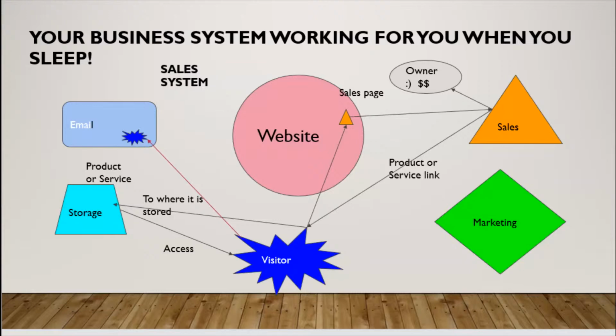Then it goes to your sales processor, and then the visitor will get the product by either getting it from the storage or you send it to them by email, and then your visitor will get on your email list and system. And then of course there's the marketing system to get your visitors to come over and see your offers and your sales page.